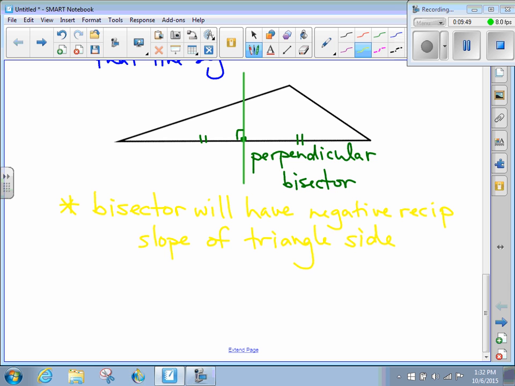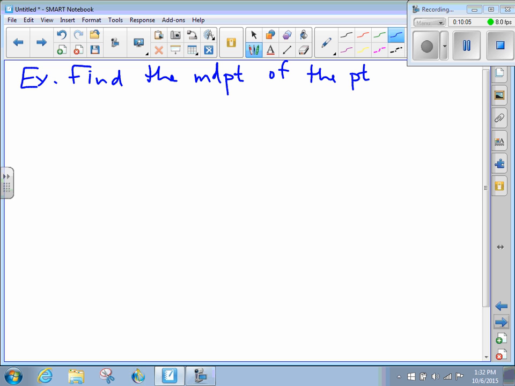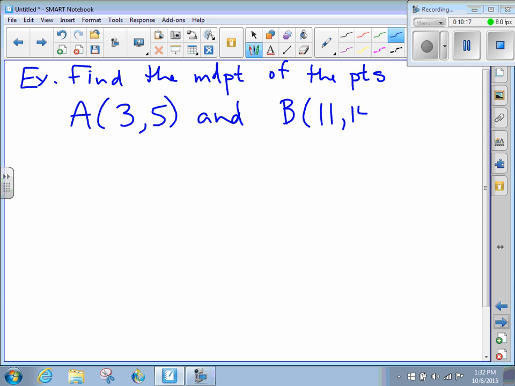Okay, so let's do some examples. Find the midpoint of the points A, 3 at 5, and B, 11 at 14.